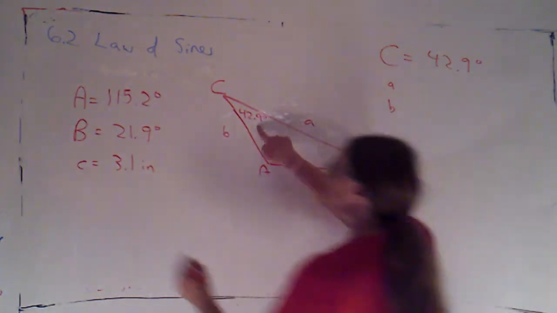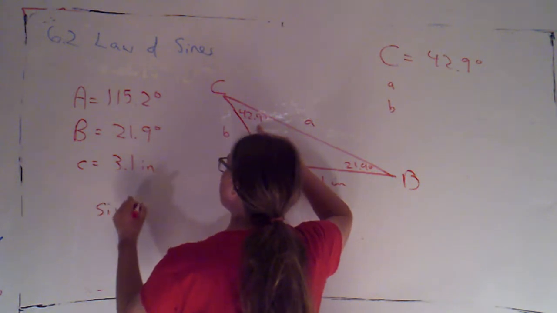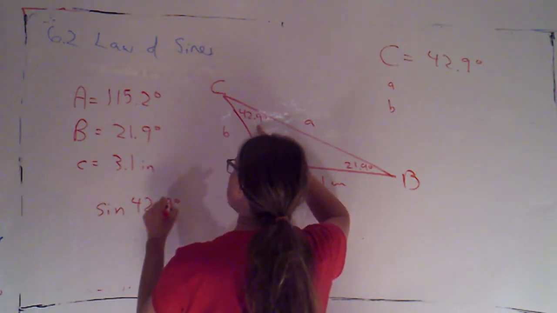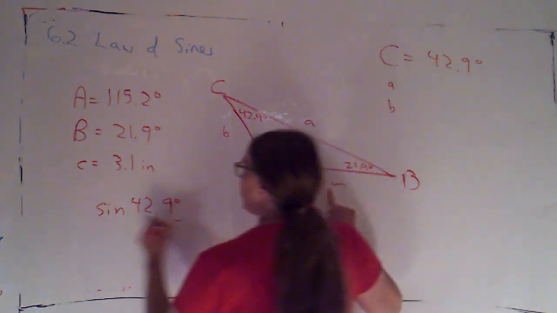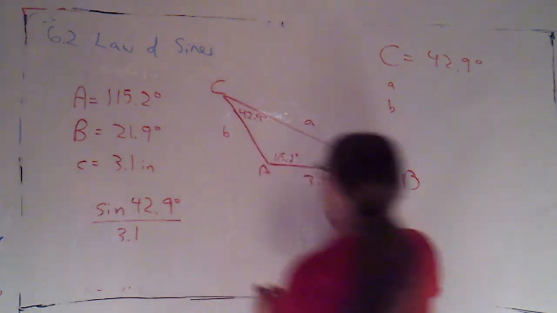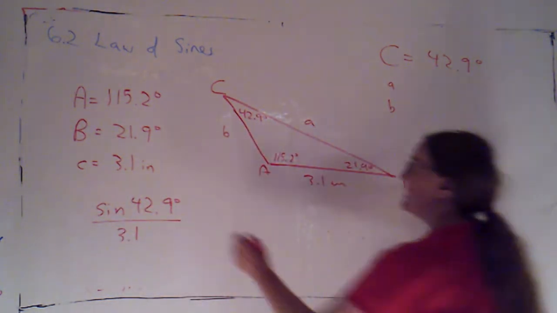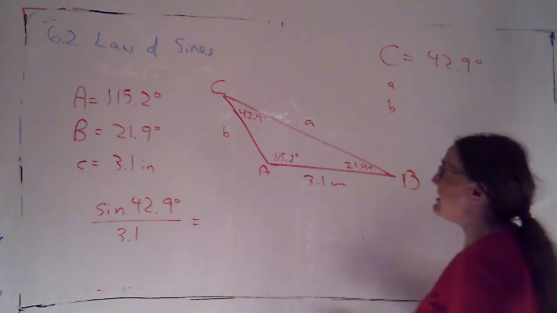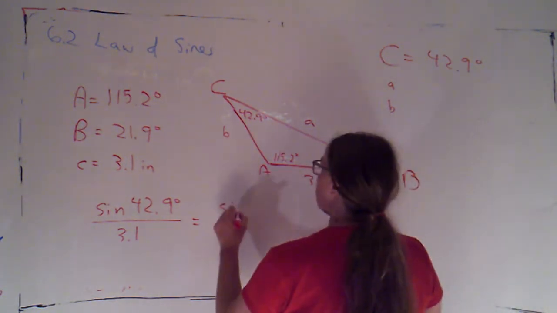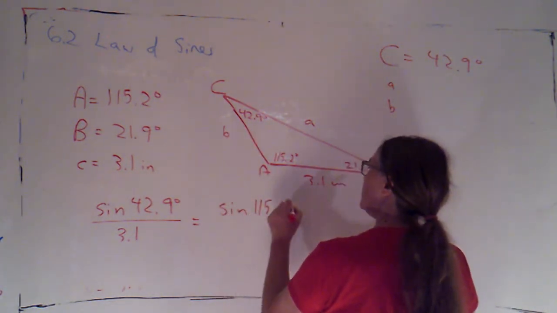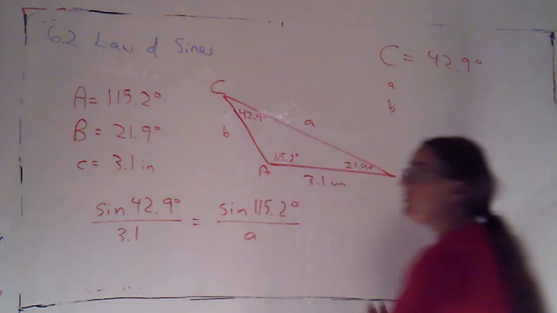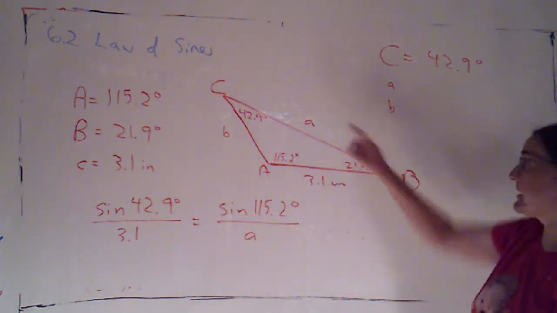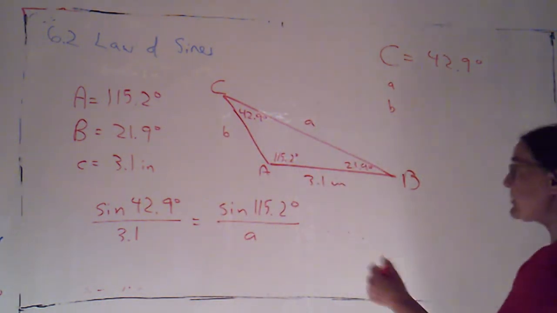So I can say sine of angle C, so sine of 42.9 degrees, over 3.1, that's side C, is going to equal, let's find A first. So that would be sine of 115.2 degrees over A, the side length that I'd be solving for. So we cross multiply.